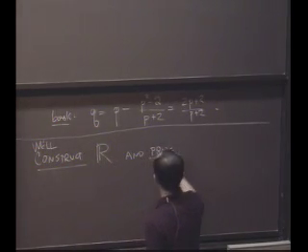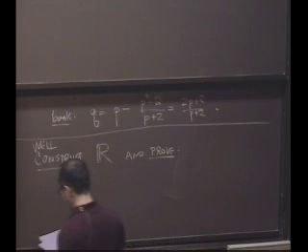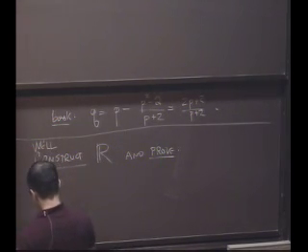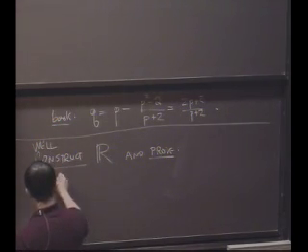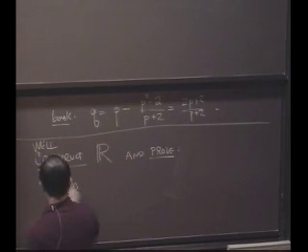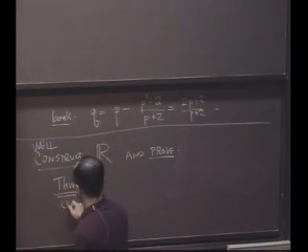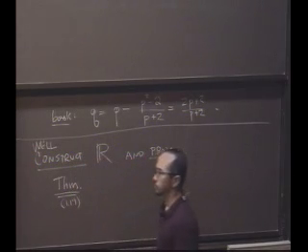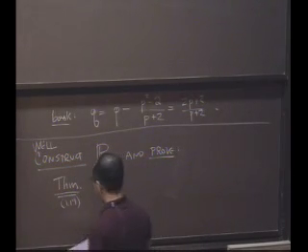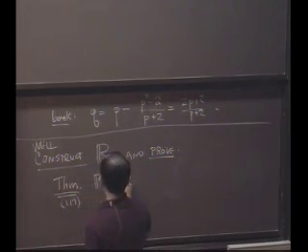This is probably the biggest idea. Well, so here's the theorem. The big theorem. In your book, in Rudin, it's theorem 1.19. R is an ordered field.